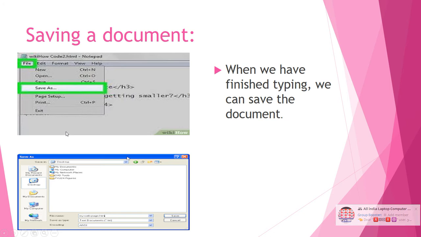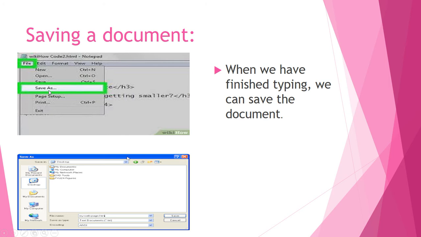Next is saving a document. When we have finished typing work, we can save the document. To save a document, we left click the file menu, a list of options appears. Look at the screen.